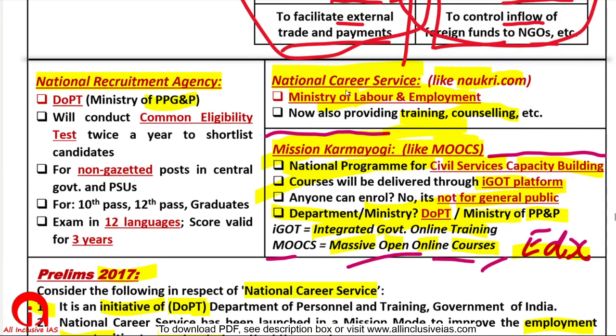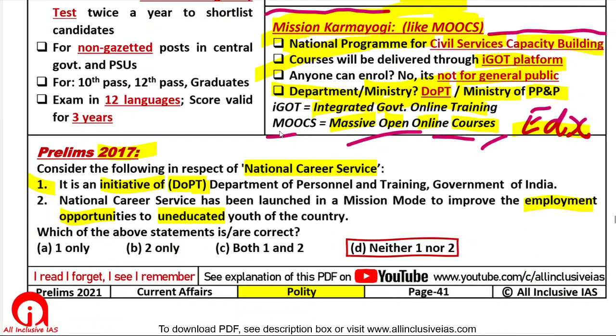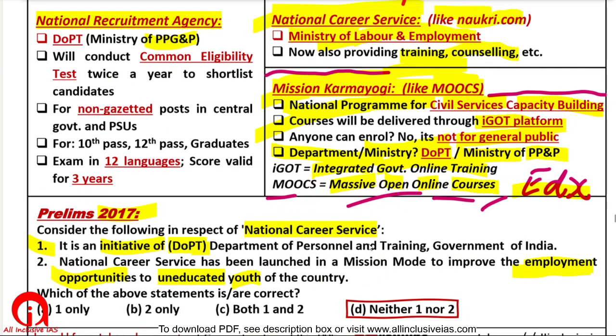Yes, National Career Service is a job portal and it will help in employment opportunities for the youth. But what type of youth? Educated or uneducated? Of course educated. If you are going to register yourself on Naukri.com, you can't say I'm uneducated, I'm illiterate, please give me some job. No, it is for 12th pass, degree holders, postgraduates and so on. So it is only for the educated youth.